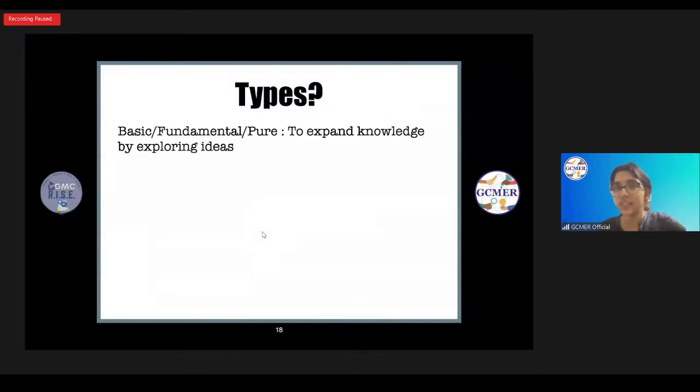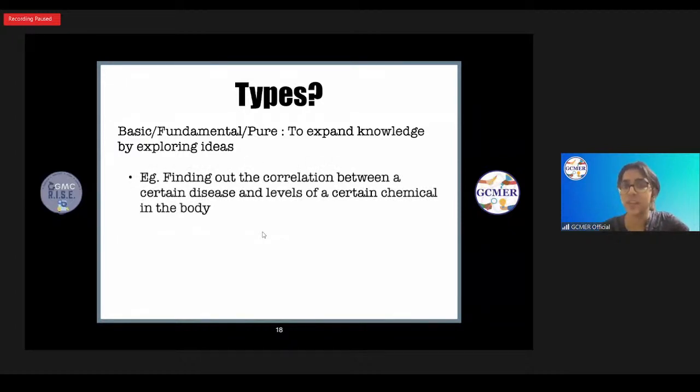Now, coming to the types of research, as I was saying, your research might not contribute to clinical subjects directly, but even if it contributes to expanding the knowledge by exploring ideas, it's still research, right? And it's known as basic or fundamental or pure research, right? That is, for example, you're finding out the correlation between a certain disease and levels of certain chemicals in the body.